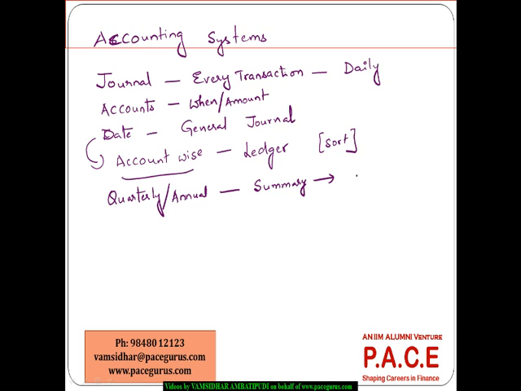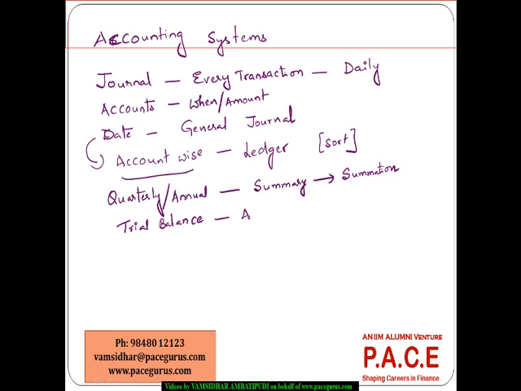So some kind of summation of all the values corresponding to each account is performed, and that account-wise summarization goes into what is called a trial balance.